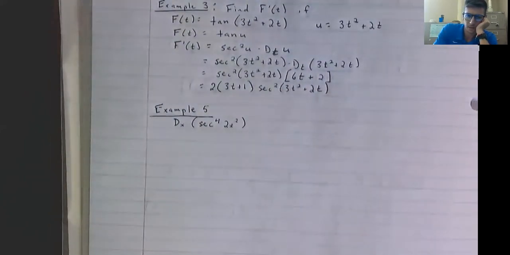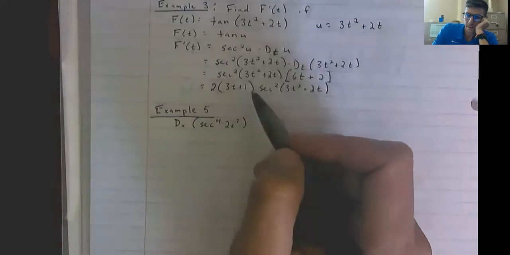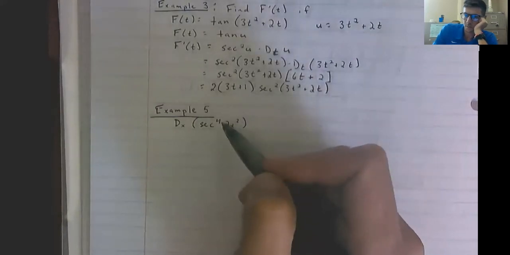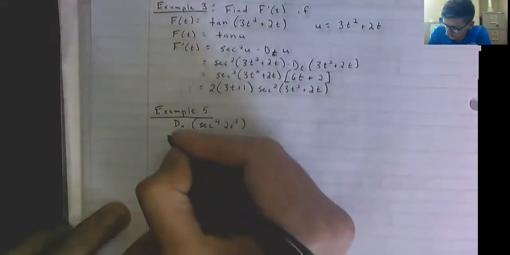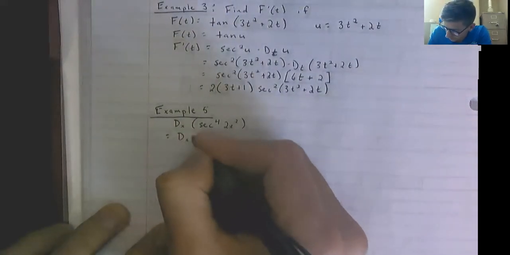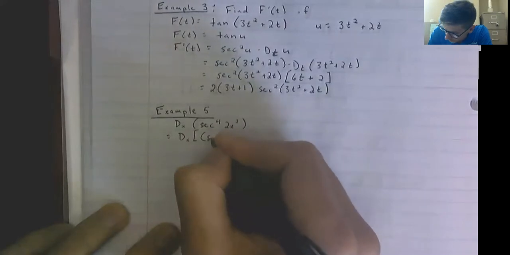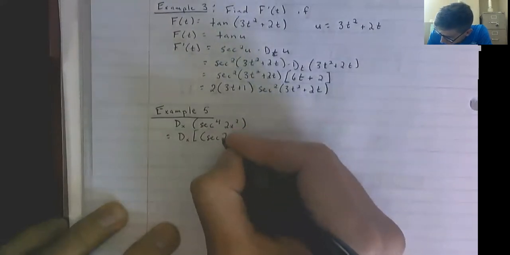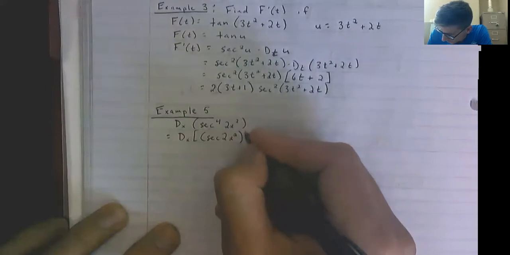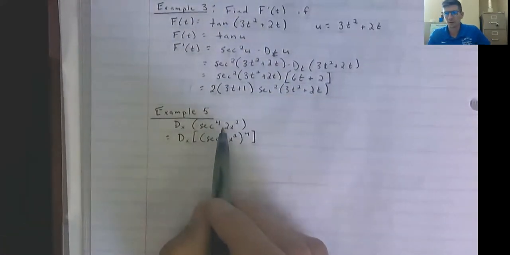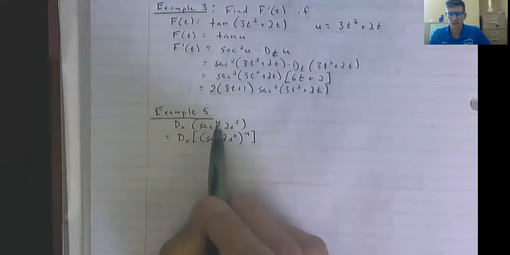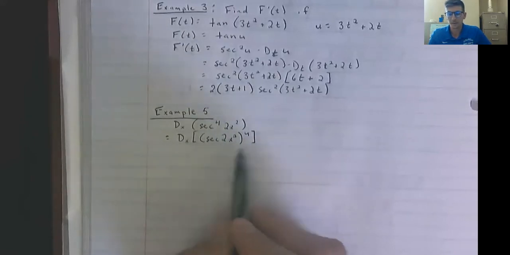Because oftentimes with the trig stuff, like secant squared or secant to the 4th, we fail to conceptualize that this is actually the secant of 2x squared raised to the 4th. We just have this special notation that we use just with the trig functions where we slide that exponent in. But this is really what's happening.